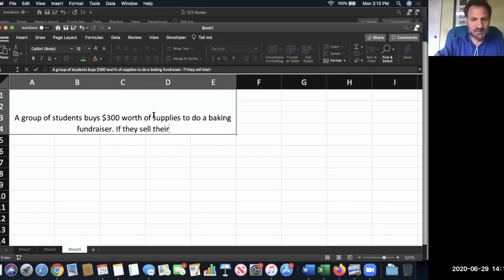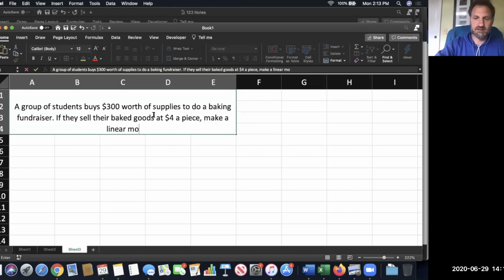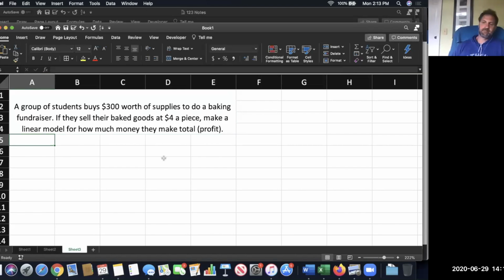They sell their baked goods at $4 a piece. Make a linear model for how much money they make total. Okay, so I'm trying to be clear about what kind of equation I want here, because there's different equations I could write. But I want to write a profit equation, which basically says this is how much money we made at the end of the day, taking into account how much we sold, but also taking into account what we had to buy at the beginning.